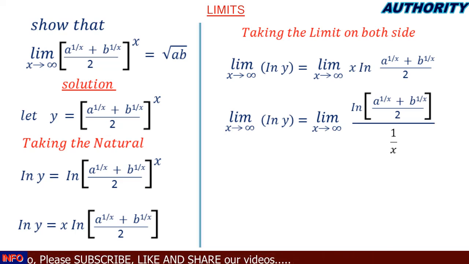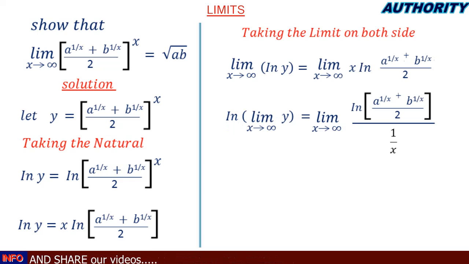Now look at the left hand side. We will pass the limit inside the function. So we have ln of the limit as x approaches infinity of y, equal to ln((a^(1/x) + b^(1/x))/2) all over 1/x, which is the same as what we have above, because this 'all over' means divided by 1/x.